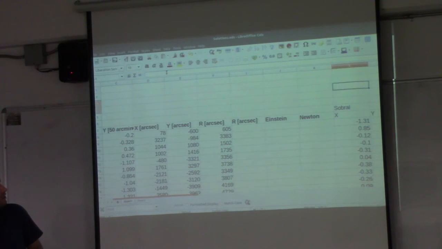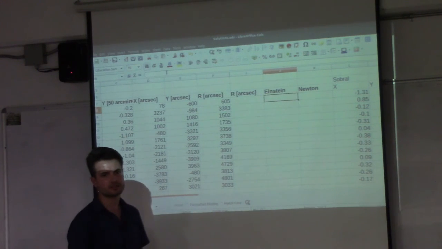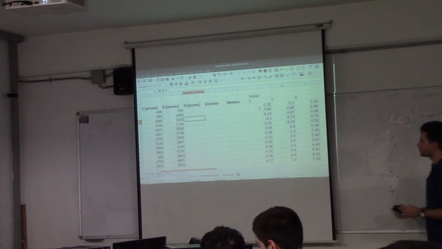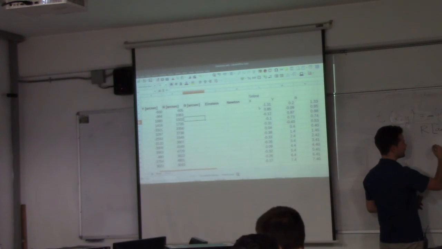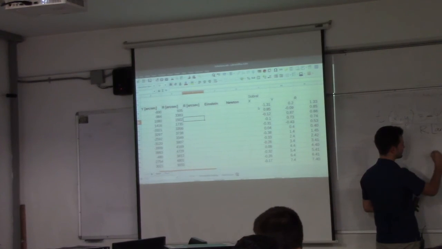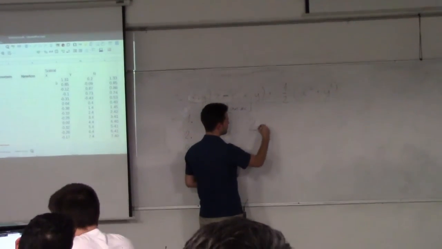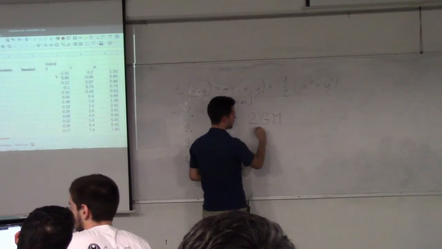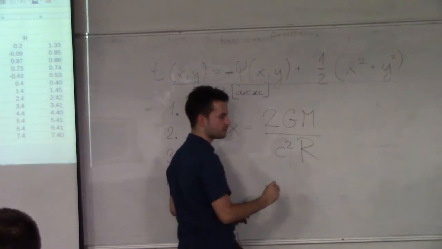And so now the question is, what are the actual deflection angles? In case you want to calculate them quickly, just remember that the Newtonian prediction was that the deflection angle was going to be 2GM over c squared times the distance to the sun.